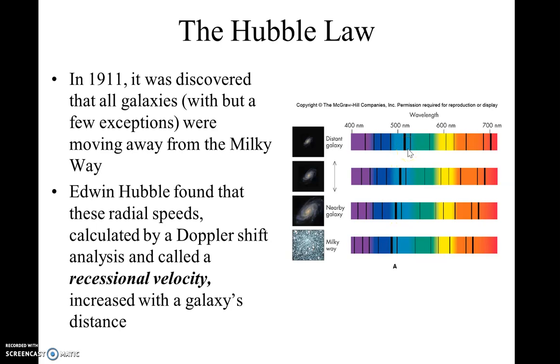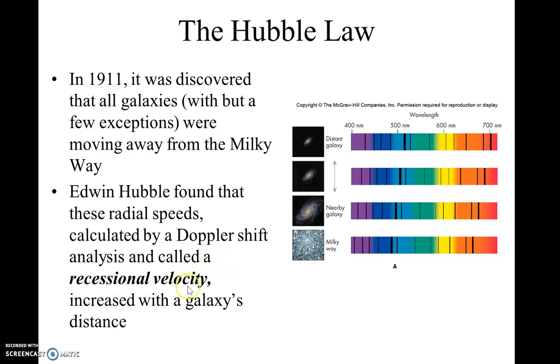And so Hubble noticed this particular property, that more distant galaxies had greater redshifts. And notice, it's not just these two lines. Notice all the lines are shifted, right? Remember, all these are within our galaxy, and then as you get successively further away, you get greater and greater redshifts.